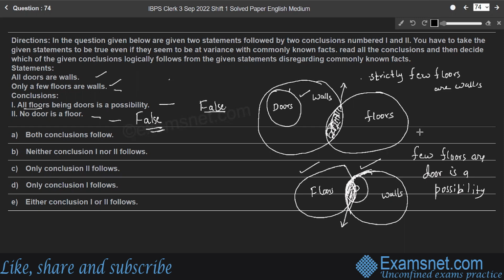If some portion of floor is included in the doors, then few doors are floor, or few floors are doors, right? So the second conclusion, no door is a floor, is a false conclusion. Therefore, neither one nor two follows. Option B, neither conclusion 1 nor 2 follows.